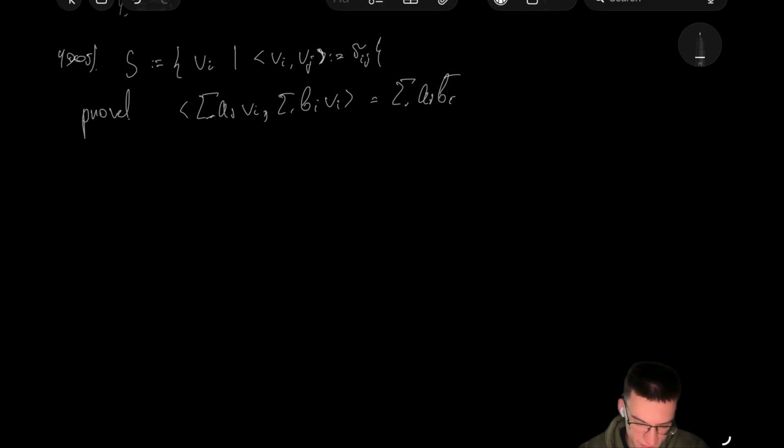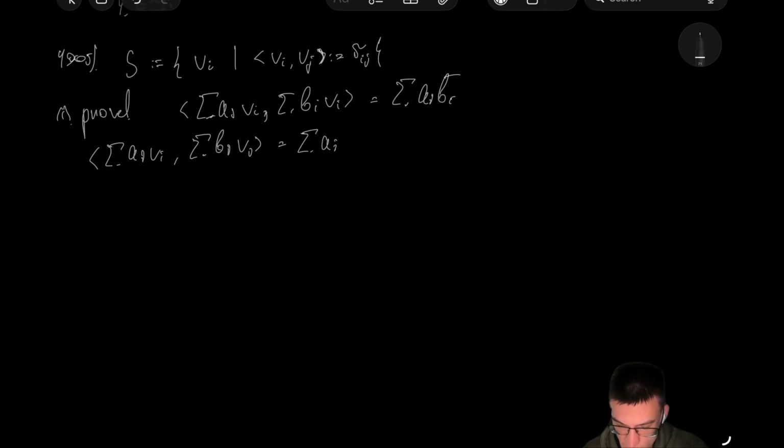That's like a one-step proof. All we have to do is use that this is an inner product with respect to an orthonormal basis, which gives us a lot, because now we can rewrite this expression as the sum of Ai inner product with Vi, and there is another sum of Bi Vi.